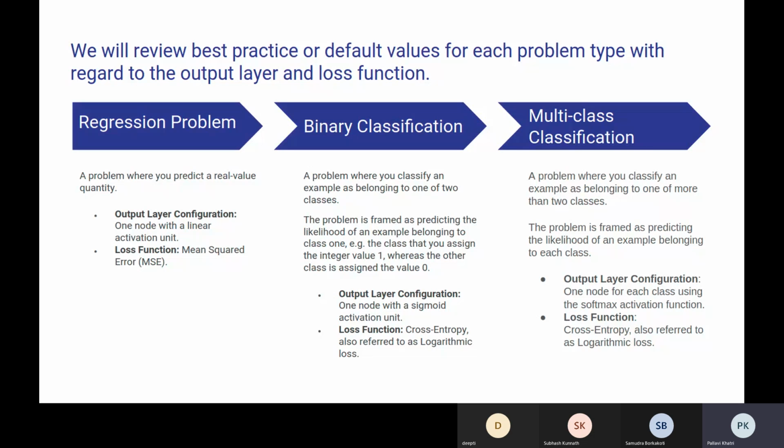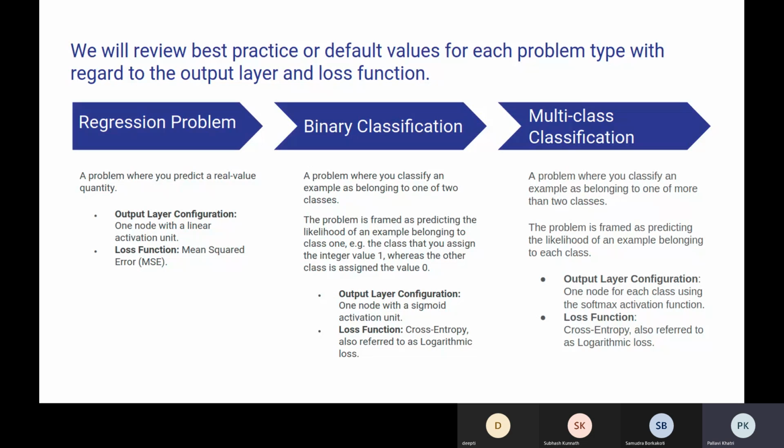If it is a regression problem, the output layer configuration used is one node with a linear activation unit, and I tend to use mean squared error as the loss function. Now, what is mean squared error? We'll see in the next slide how these are implemented. So I have two types of error function here, mean squared error and cross entropy. Based on the problem, I will be using those.